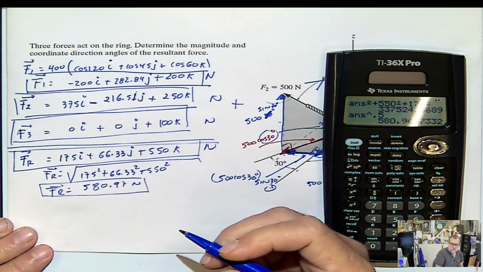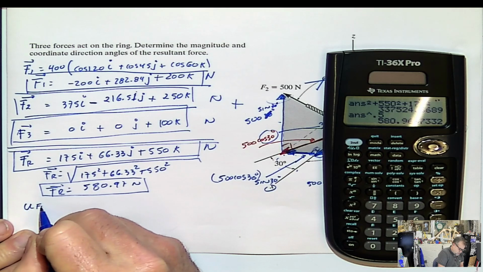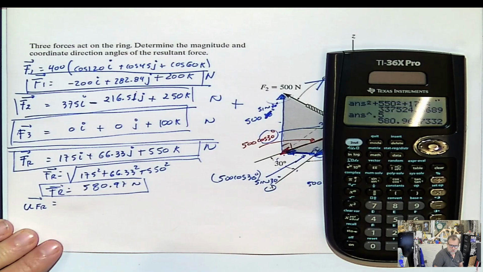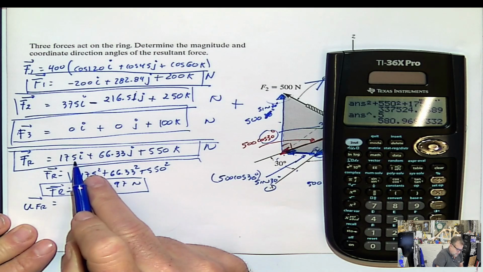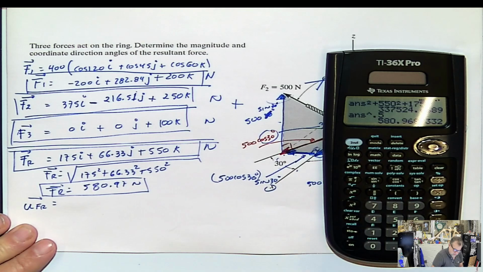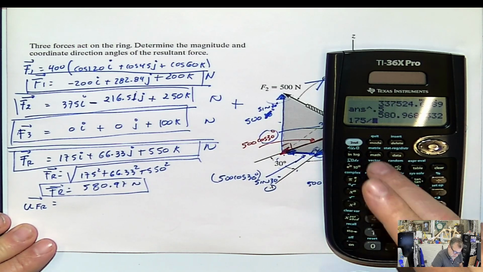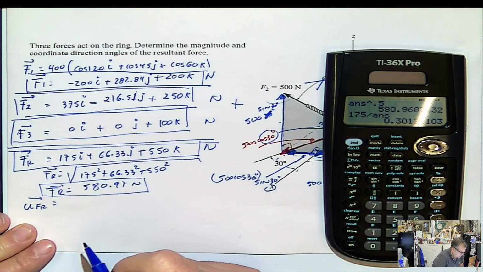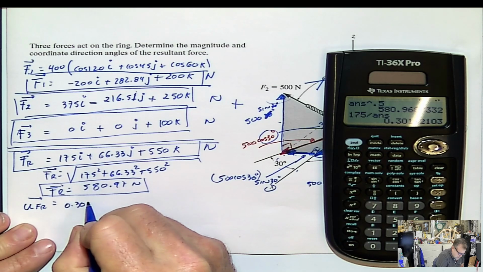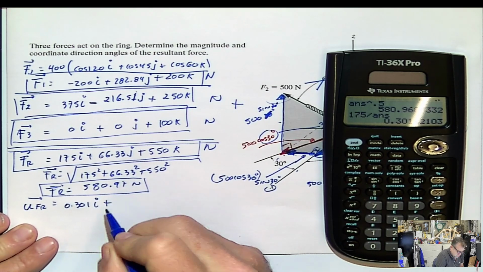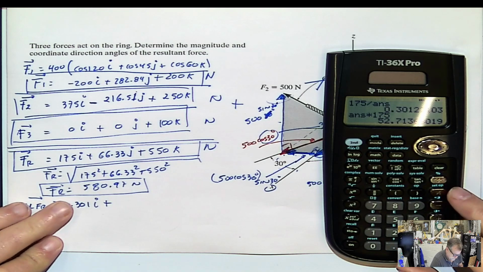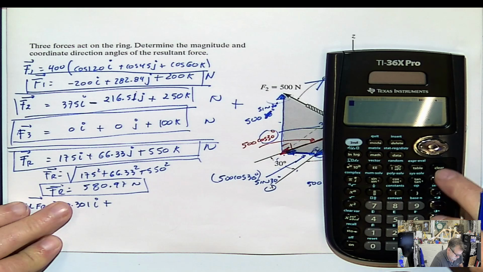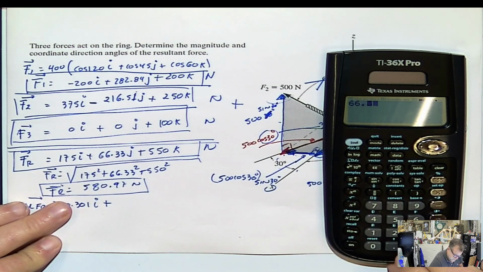If I need the unit vector of the resultant force, how do you find it? It's the force divided by the magnitude. So I get the 175 divided by that value, and then you get 0.301 I plus 66.33 divided by 580.97.